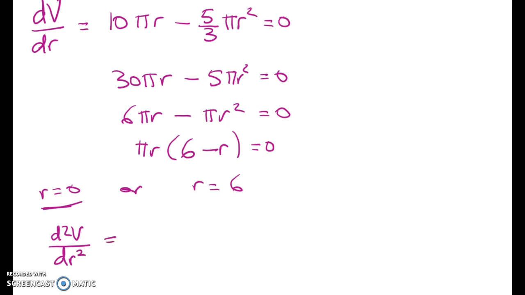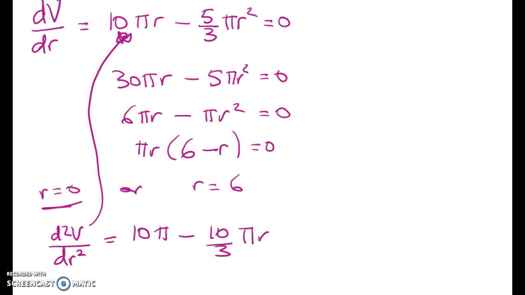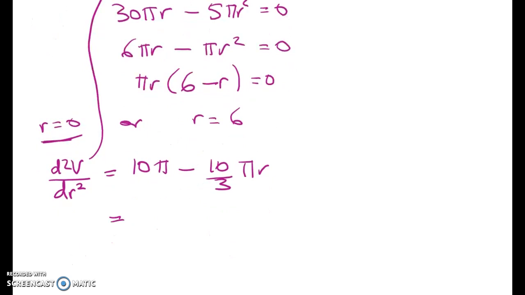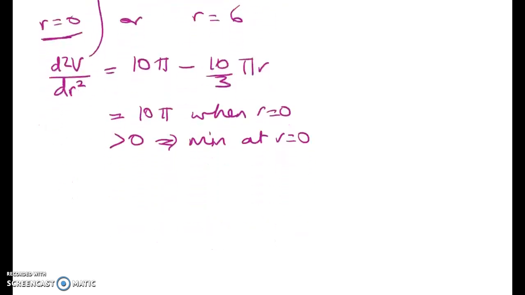The second derivative, going back to this one, is 10 pi minus 10 over 3 pi r. And that equals 10 pi when r is 0, which is greater than 0. So we've got a minimum at r equals 0.